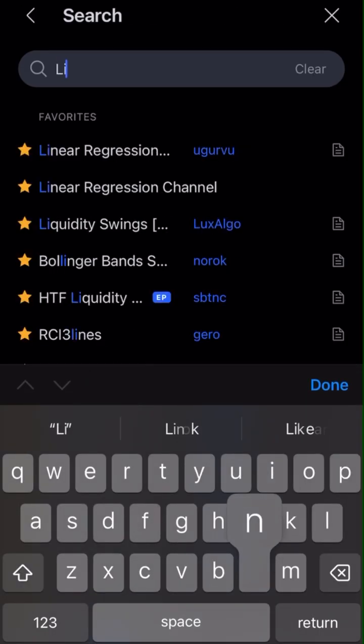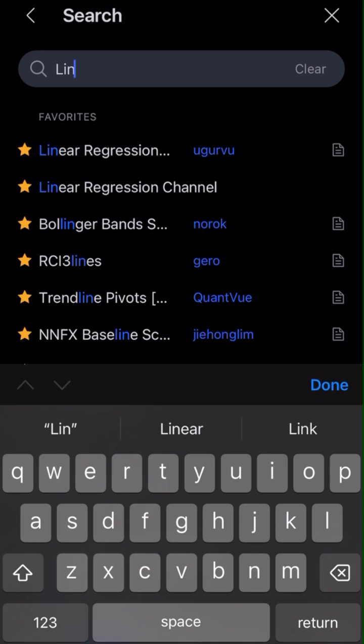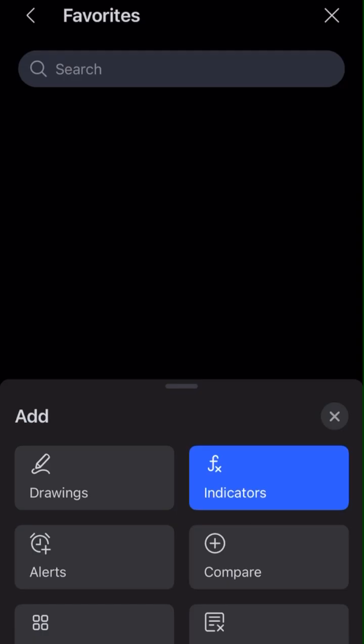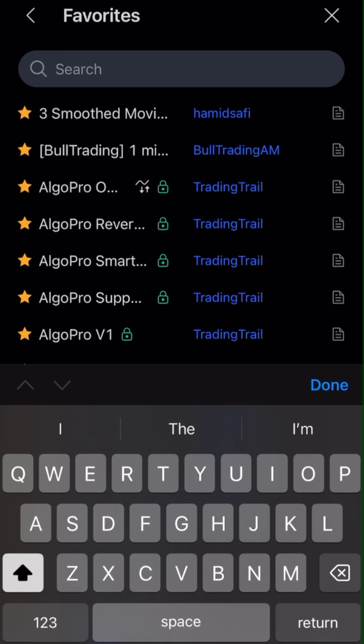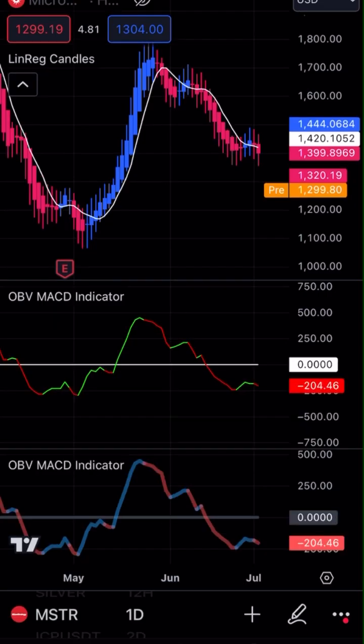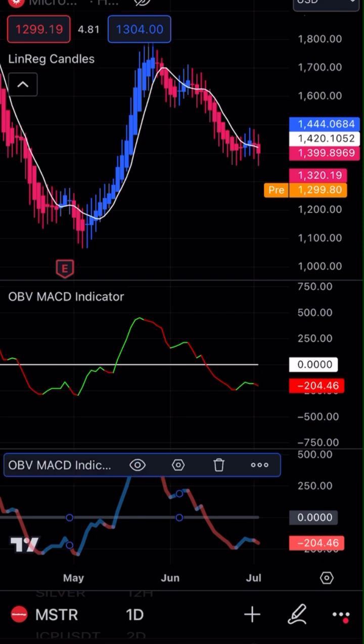First, go to your indicators and add linear regression by your guru here. Once you have the linear line on there, you hide your regular candles. The next one is the OBV MACD indicator.